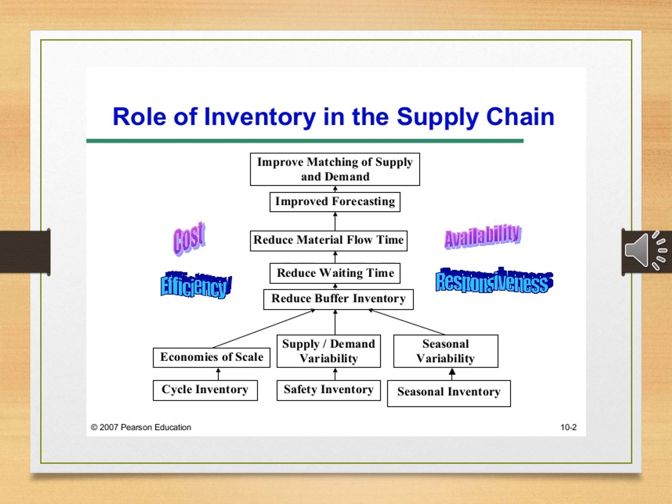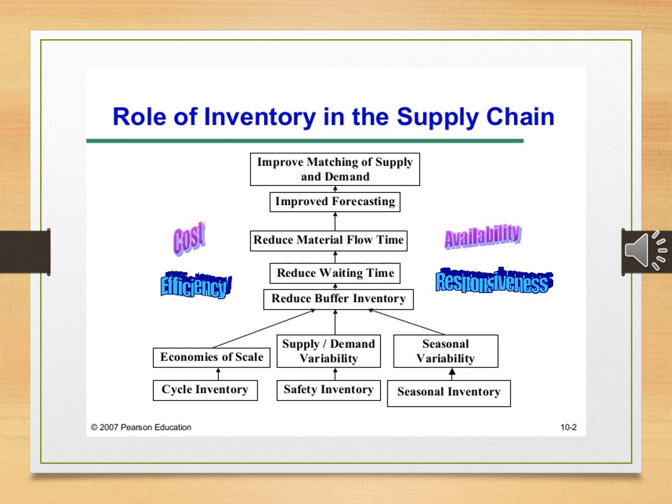It improves matching of supply and demand, synchronizes supply and demand, improves forecasting, reduces material flow time or lead time, reduces waiting time, reduces buffer inventory, and makes the inventory in the supply chain more effective and efficient.